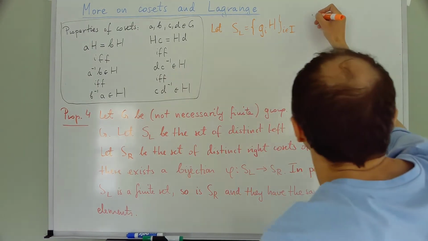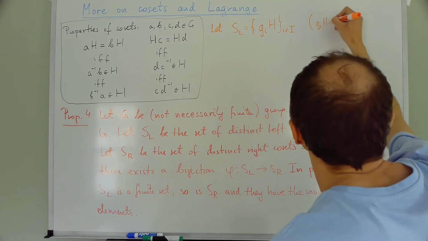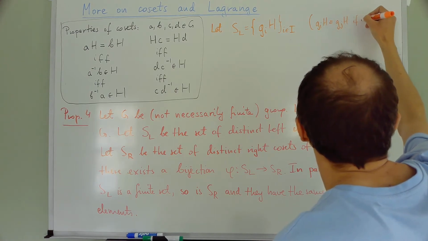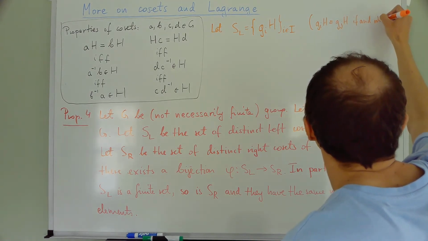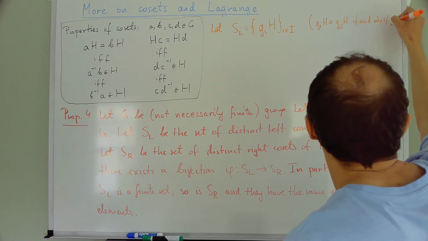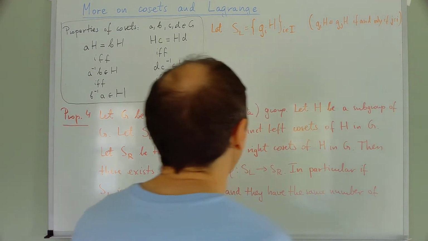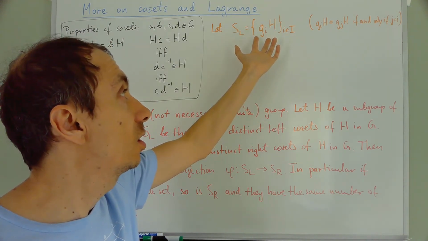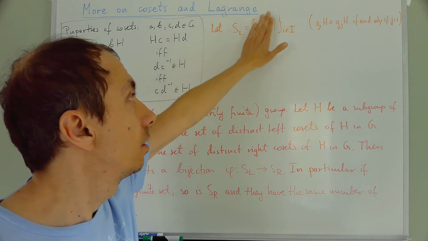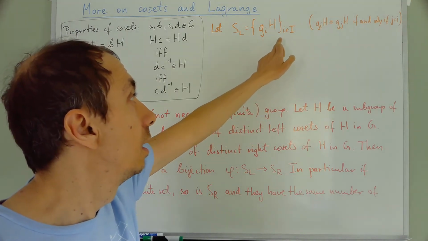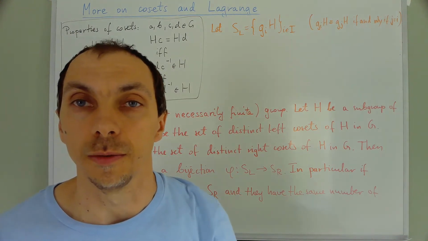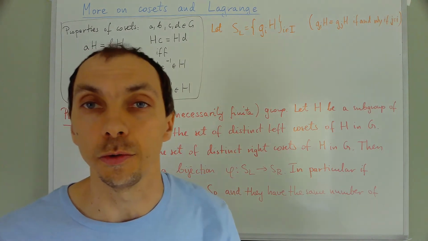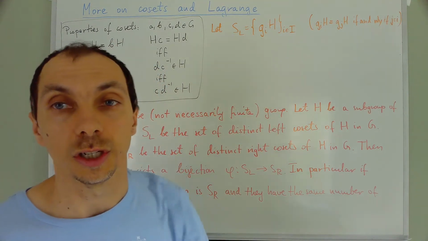So g_i H is equal to g_j H if and only if i is equal to j. I took some cosets here. These are distinct cosets, and these are all the cosets. And I is just some indexing set here. If there are finitely many cosets, I can just be numbers 1 through n. But if it's infinite, then it's just some indexing set.